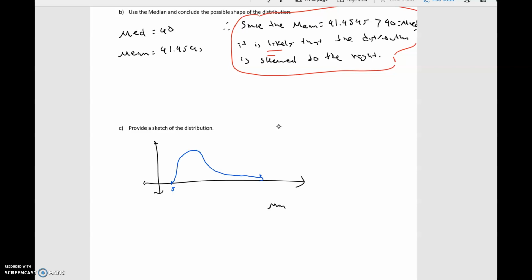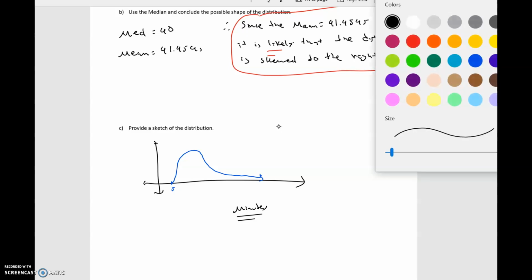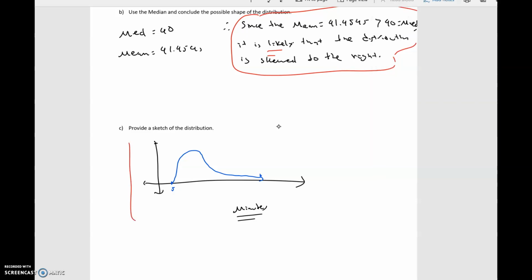So the idea that it's skewed to the right refers to the fact that if you have outliers, they're going to be somewhere on this side. So as long as you mention the units, and our units from this problem happen to be minutes, and that is actually it. All I want is a basic sketch.